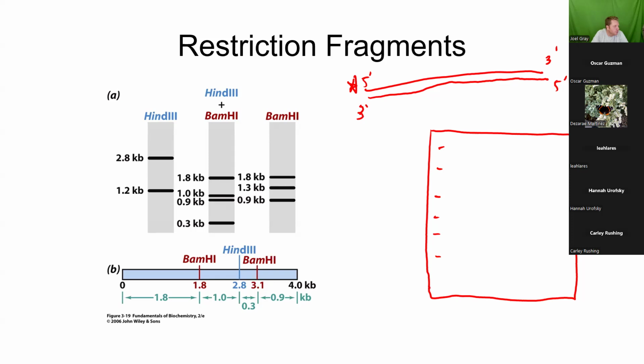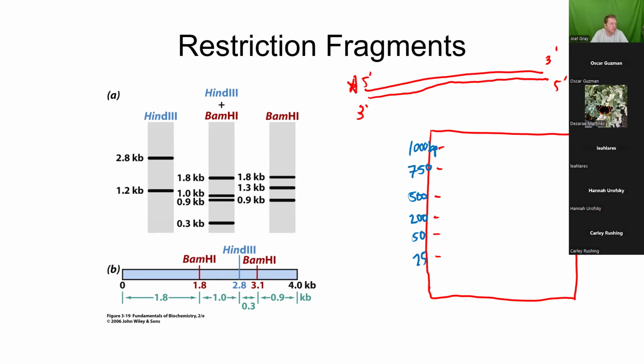And then you run this piece of DNA where you haven't cut it or you haven't done anything. Let's say that this is 1,000 base pairs. This is 750. This is 500. This is 200, then 50, and 25 base pairs.